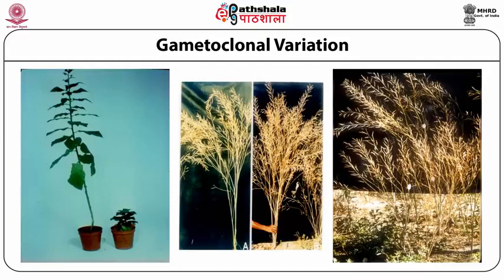There is another unexpected application of androgenesis. We know that asparagus is a dioecious plant, so the male and female plants are separate. And the genetic basis is the XY chromosome. XX is a female and XY is male.